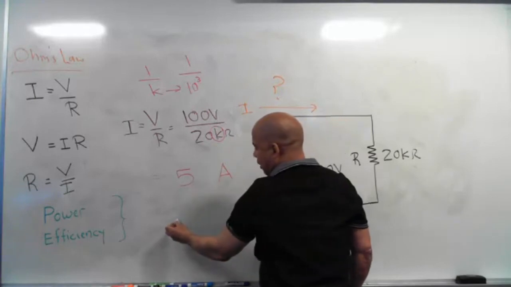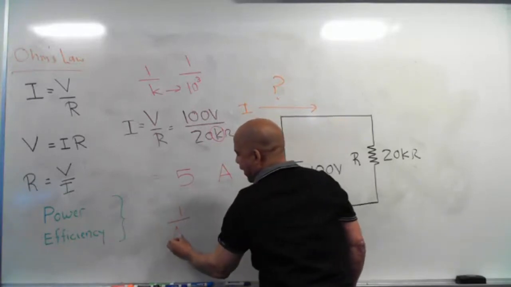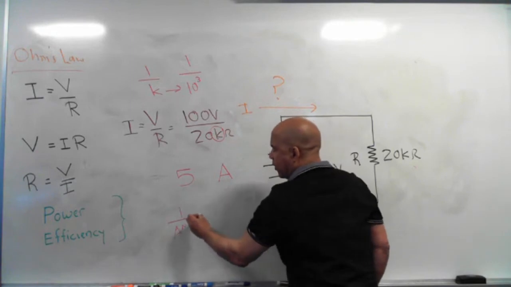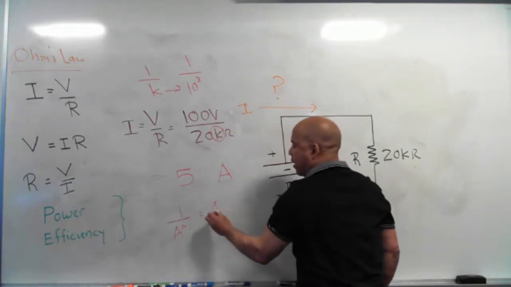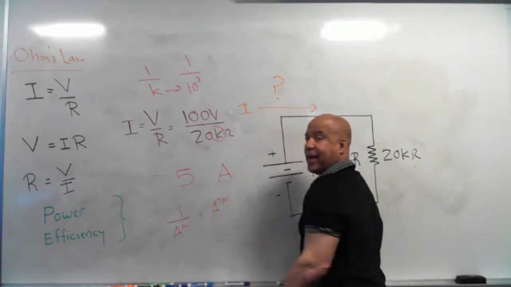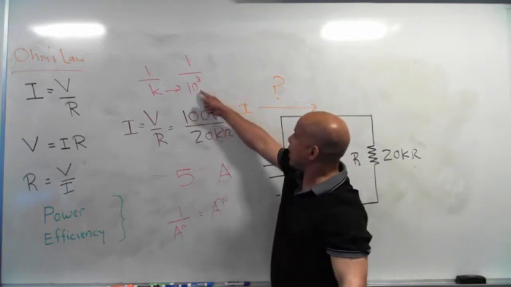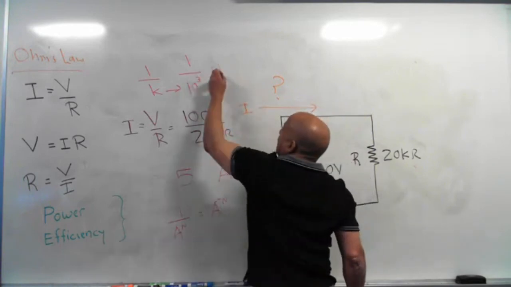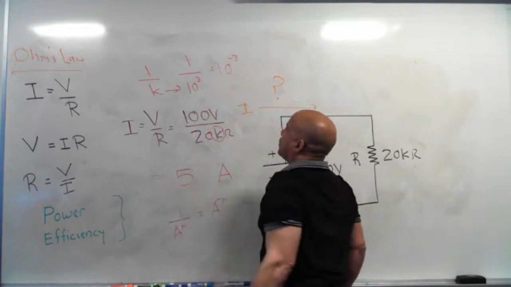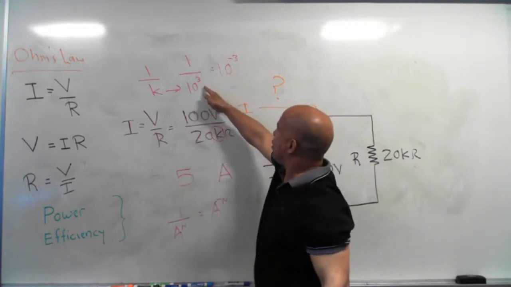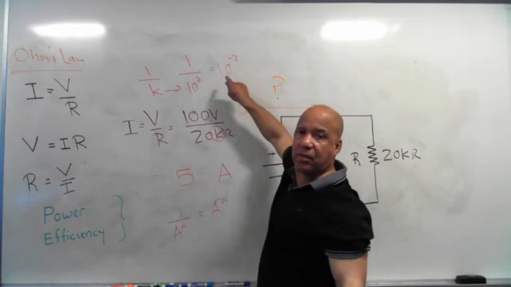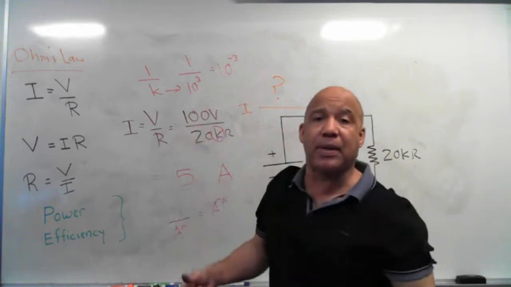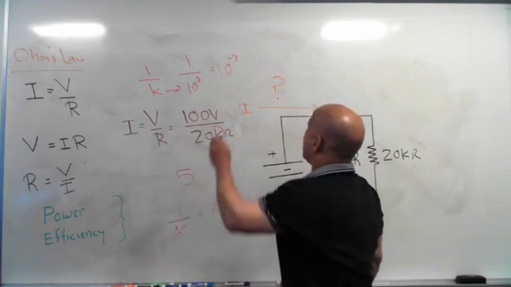And in math, you learn that if you have 1 over A raised to the n power, you can bring that up into the numerator by just taking the exponent and making it negative. So that 10 to the third becomes 10 to the minus third.